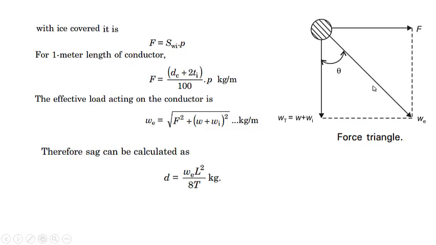Since they are perpendicular to each other, it will be simply the square root of F square plus W plus Wi whole square. This will be the effective weight of the conductor, including the wind force and the ice weight. Therefore the sag will be equal to We L square by 8T, where We is the effective weight given by this formula.